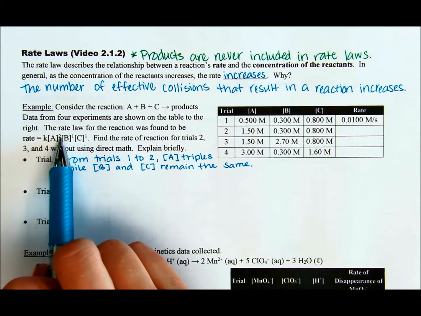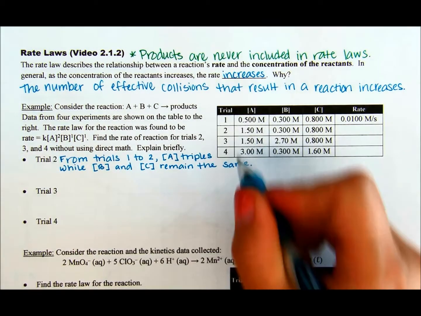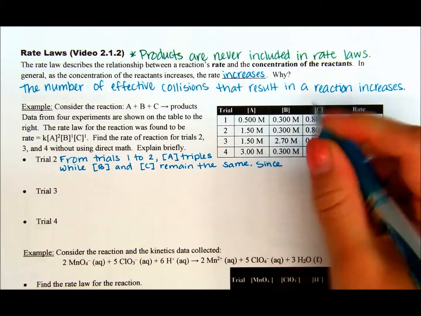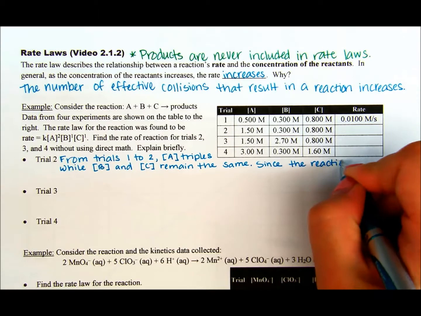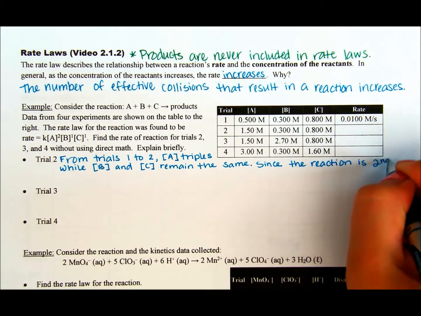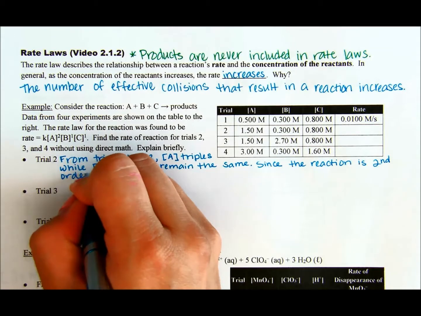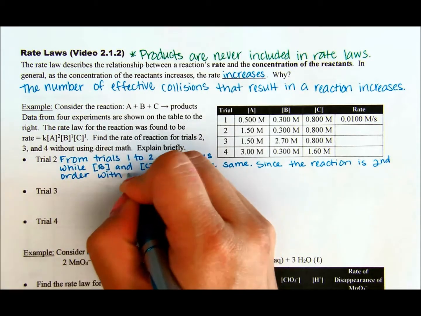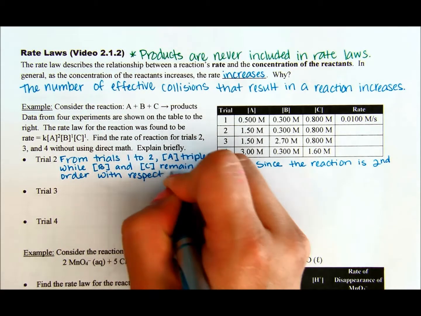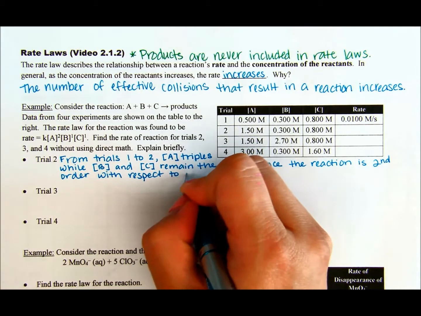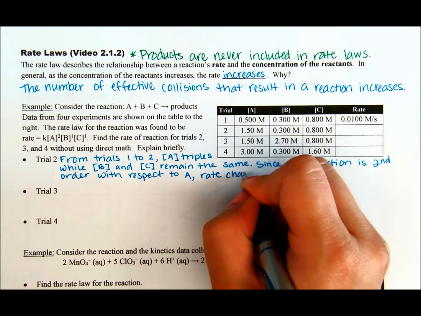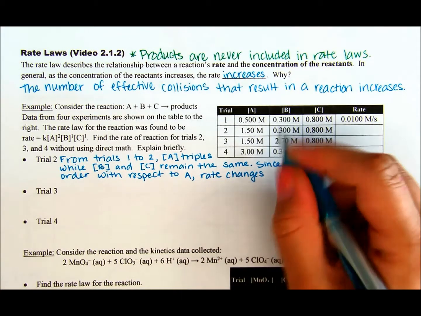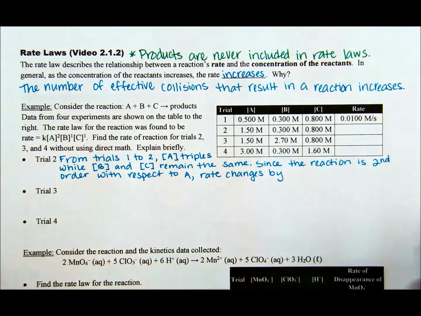So since the reaction is second order with respect to A, the rate is going to change by 3 to the second power.